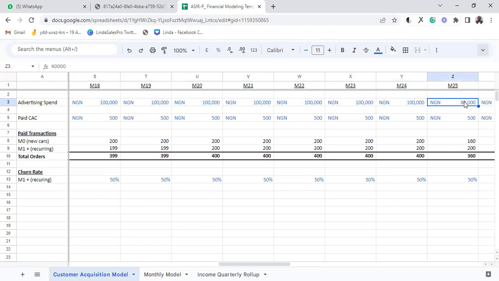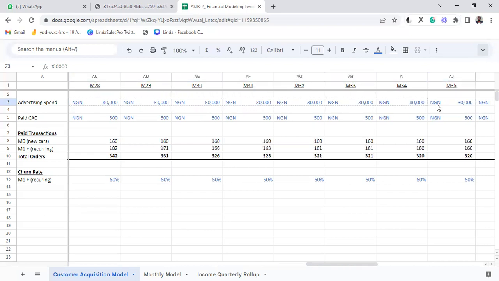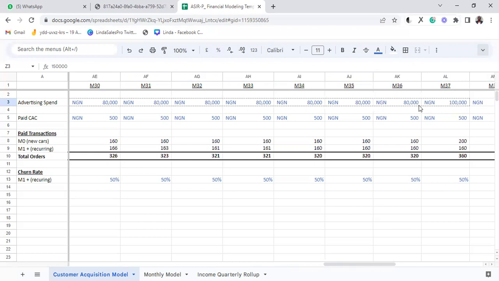So in this case, we have month 24 as the case may be. Maybe month 24 is the 2 years. So from here, I can say, okay, we want to now spend 150,000 every month. So I can drag this for the next 1 year. I think that should be till 36. Okay, so here we want to spend 200,000 for the last year. So remember, this is structured for 4 years.